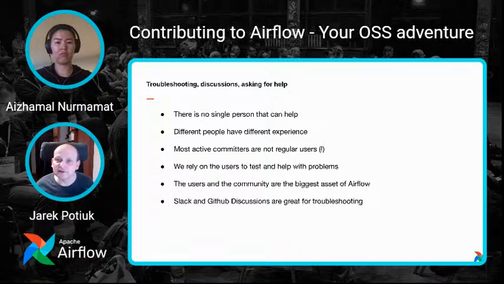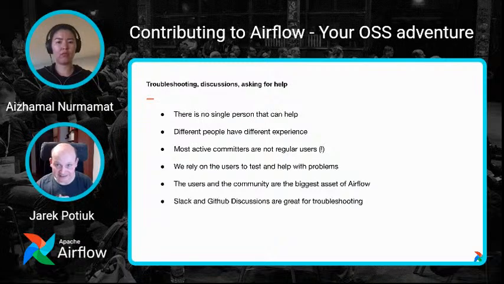So we rely not only on the committers and active contributors to help others, but there's a big group of users of Airflow in our community, especially in Slack, and we have discussions that can help you. So don't ask one or another person, just ask in the open, in the community channels.